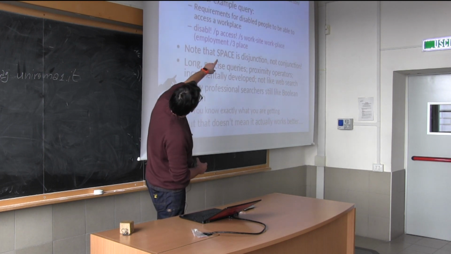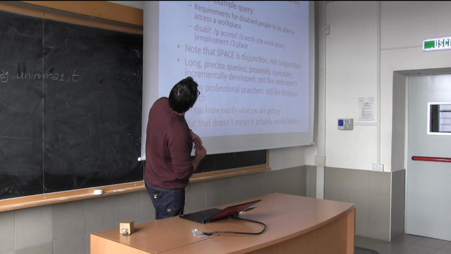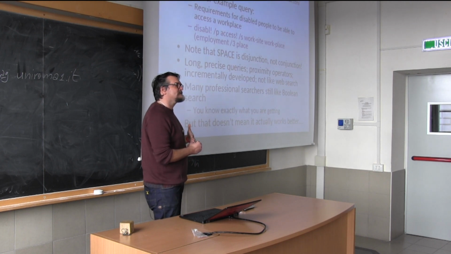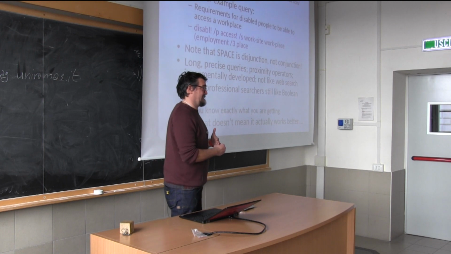This is another example. What is this? Requirements for disabled people to be able to access a workplace. This is the information need.